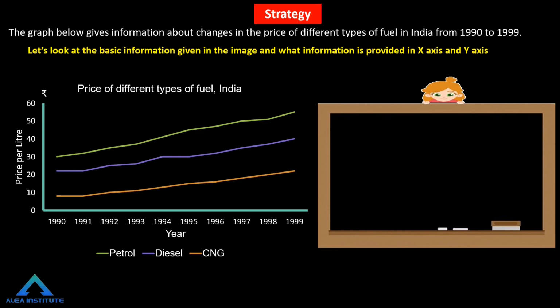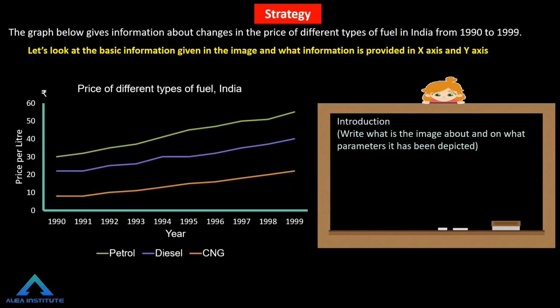Here in the planning stage, we will look at the basic information given in the image and what information is given in x-axis and y-axis. So in introduction, we will write what the image is about and on the basis of what parameters this picture has been depicted.